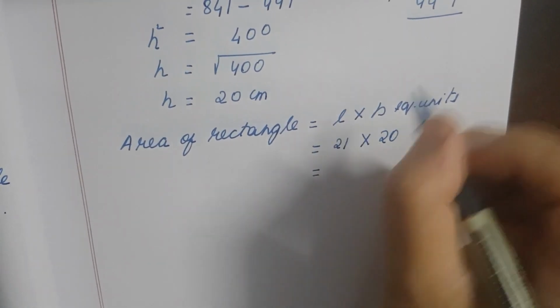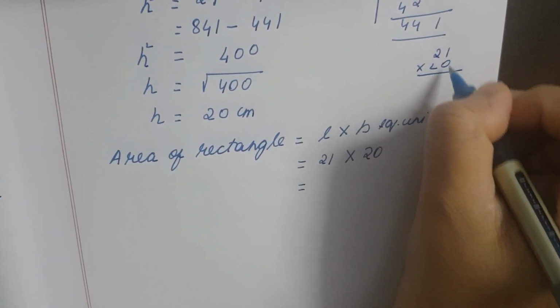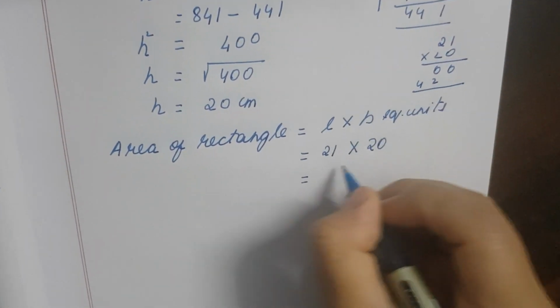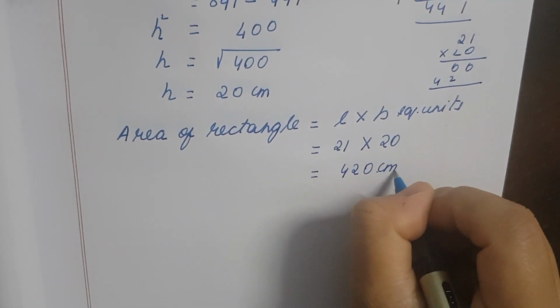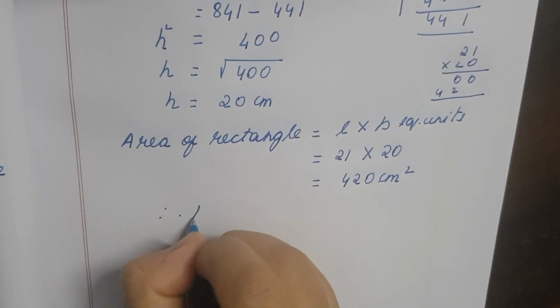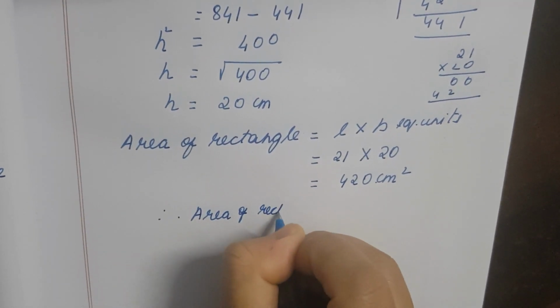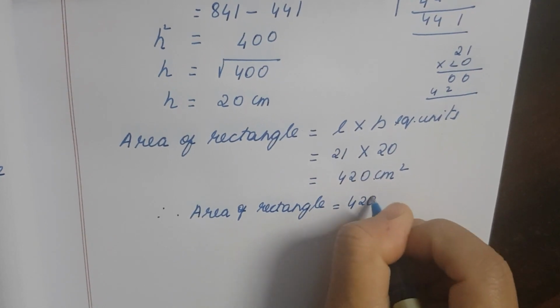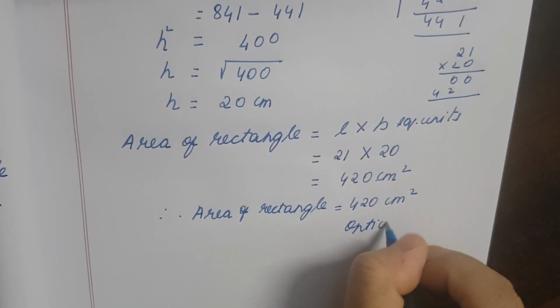So multiplying these two, 21 into 20. 0 1s are 0, 0 2s are 0, 2 1s are 2, 2 2s are 4. So it is 420 centimeter square. Therefore the area of the rectangle is equal to 420 centimeter square, which is option C.